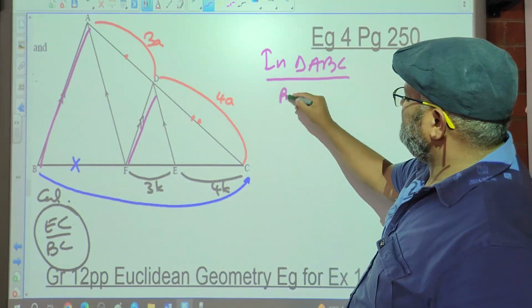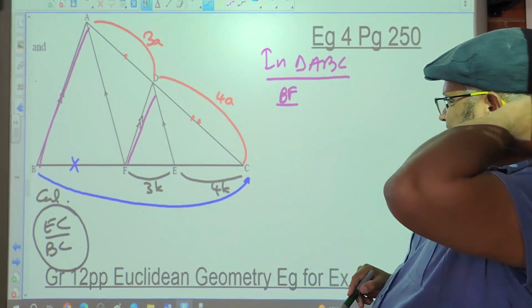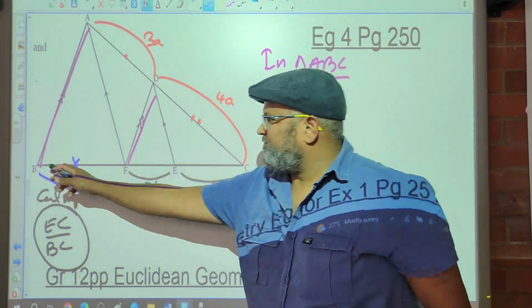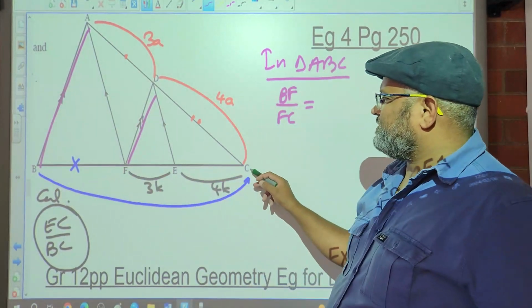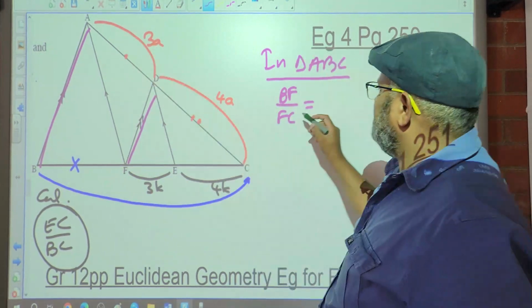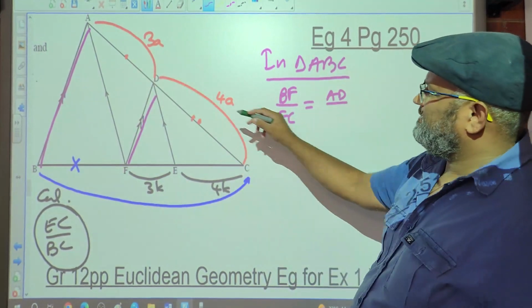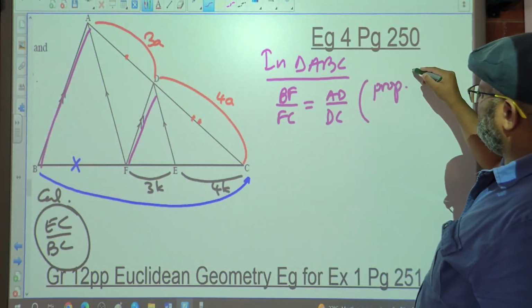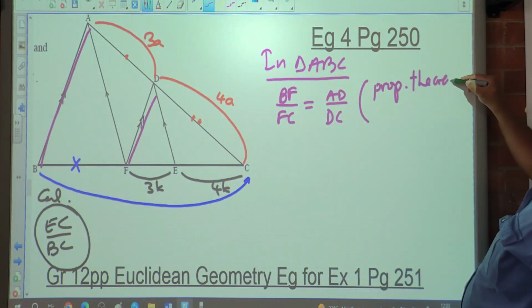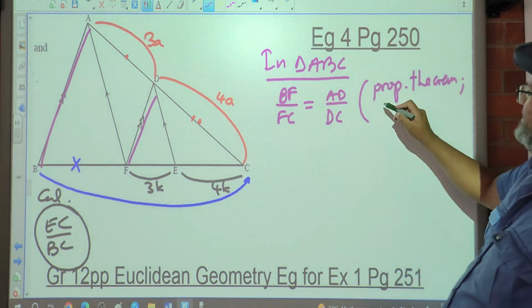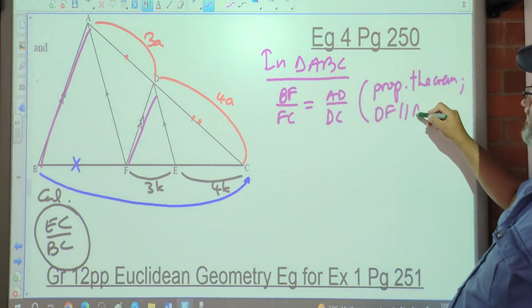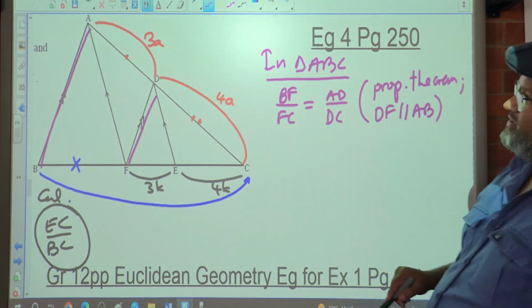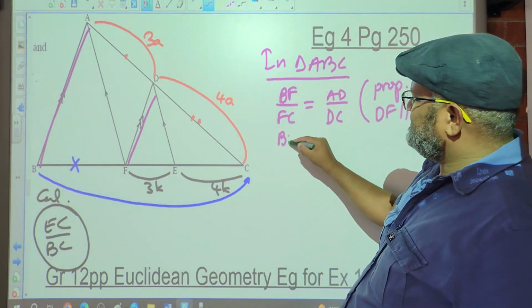So BF over FC is equal to AD over DC, by the proportionality theorem with DF being parallel to AB. Okay. So BF is unknown to us.